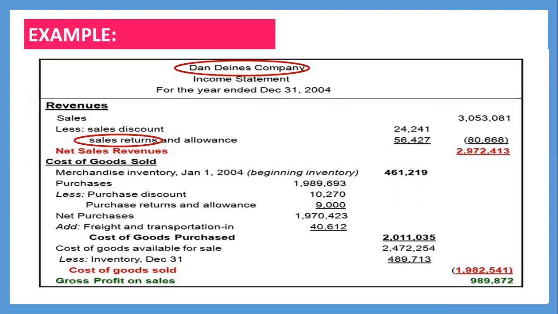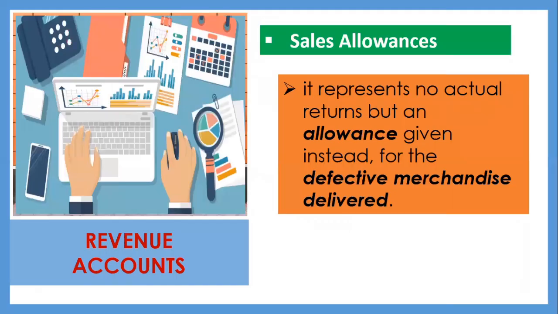If we say sales allowances, it represents no actual returns, but an allowance given instead for the defective merchandise delivered. So assuming that I am a customer and I shopped at Lazada or Shopee, and let's just say I ordered a pair of shoes, okay? When I received my shoes, there is a defect on it.